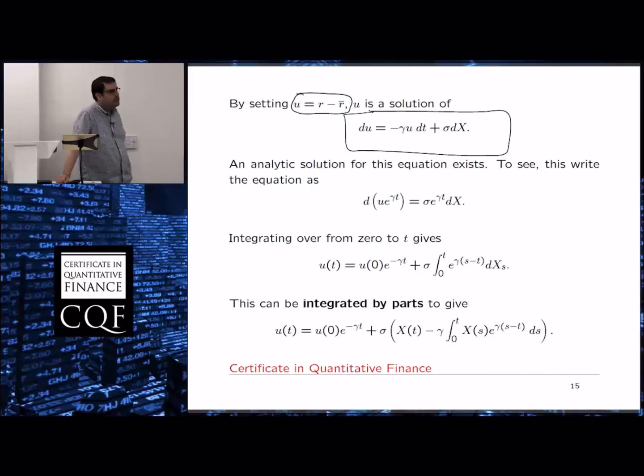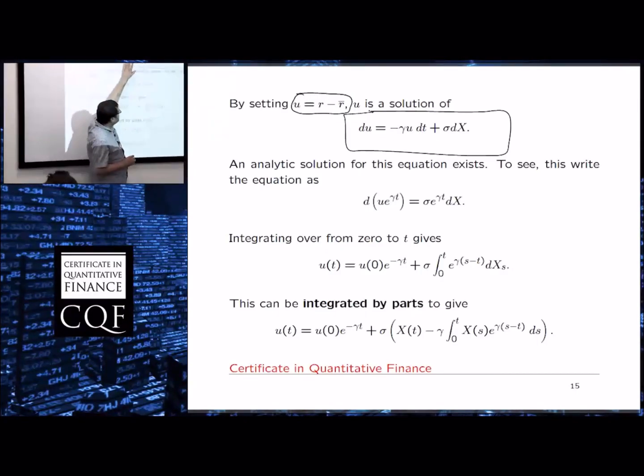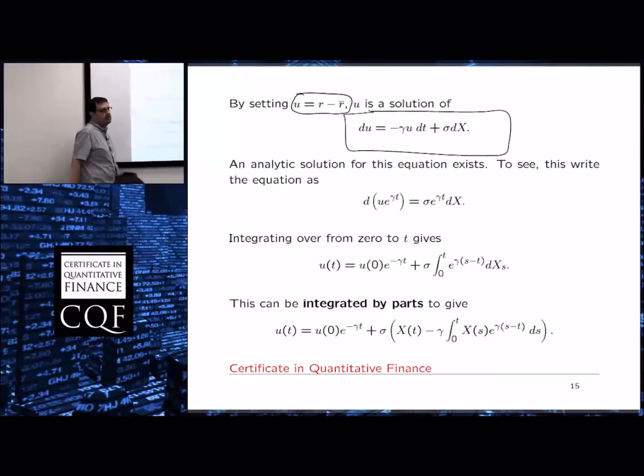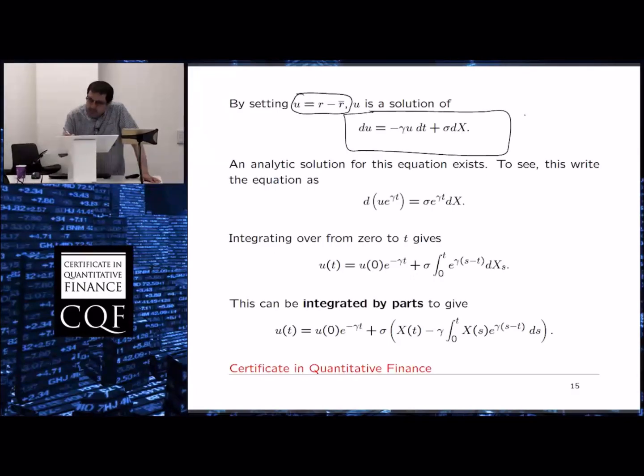Anyone come across that name? It's quite well known. And the reason why people like Vasicek is because it can be reduced to this form, and this can be solved by hand. So this is called an Ornstein-Uhlenbeck process.